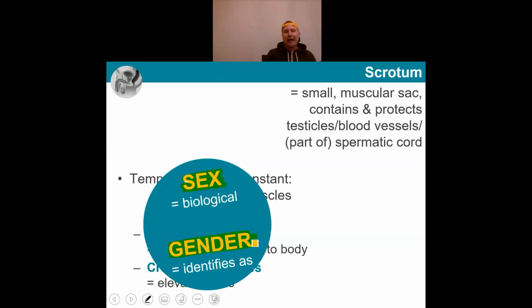That's the biological makeup that defines that you're either male or female. Very rarely do we have an individual that would be neither sex, or for whom it would be impossible to define which sex they are genetically. Gender instead is a sociocultural norm, what an individual identifies themselves as. So it's important that we're clear on those two terms and how to use them properly when we're working through the differences between two sexes in the field of biology.